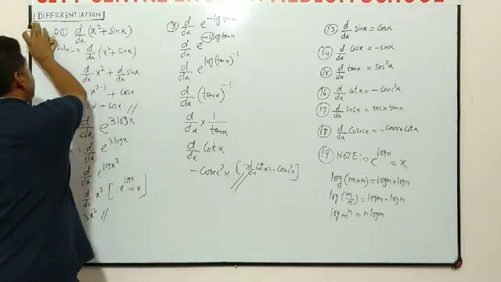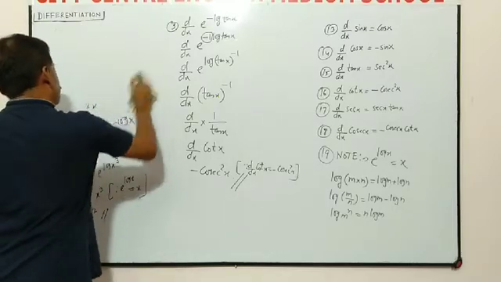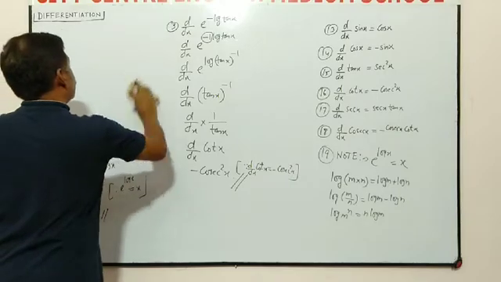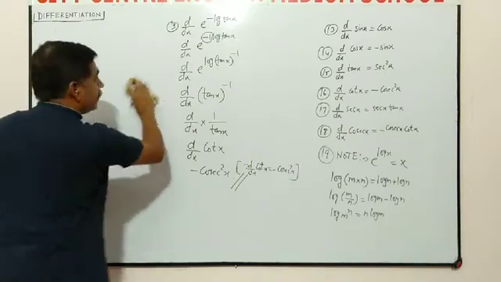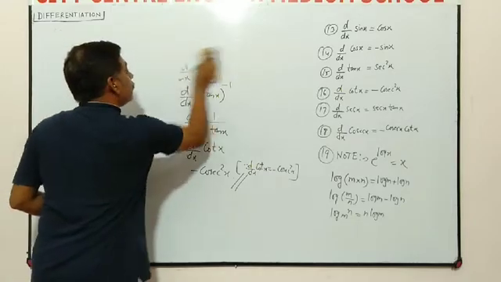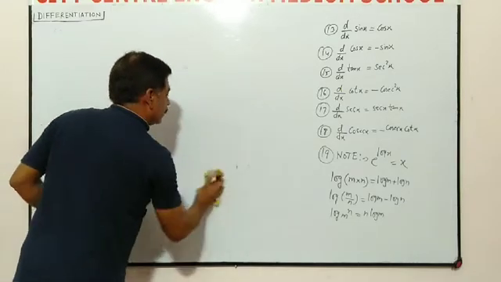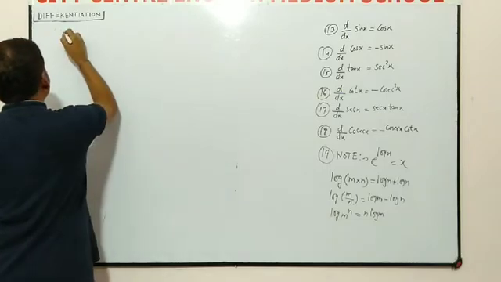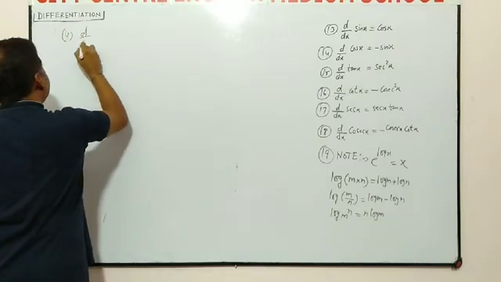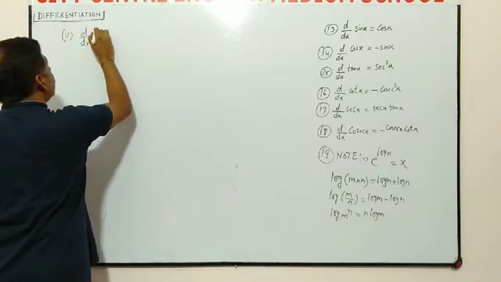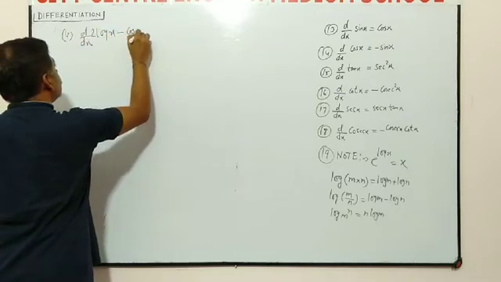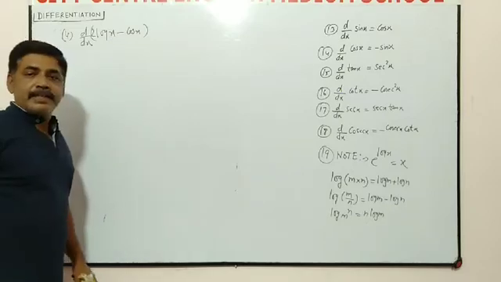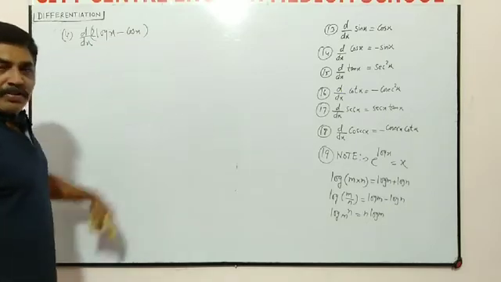Now next question. Question number 4. See question number 4: d by dx of 2 log x minus cos x.